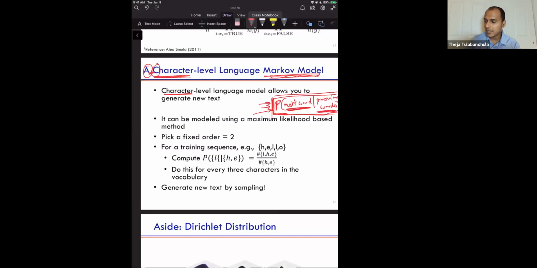Now the underlying idea of Markov modeling is that the probability of this next word, which is a random variable, only depends on the previous immediate word, for example, or the previous two immediate words, and not everything else before that. So that's the memorylessness.